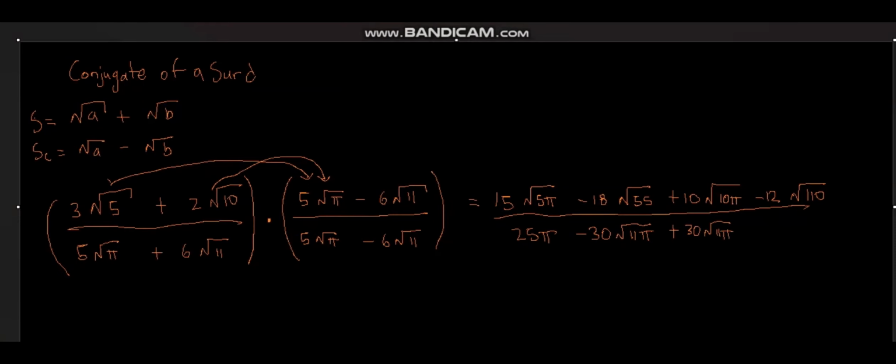And 6 root 11 by negative 6 root 11 is negative 6 squared root 11. There's a reason I expressed it like this. So 5 root pi by 5 root pi is 5 squared. Yeah. So this and this would just cancel.